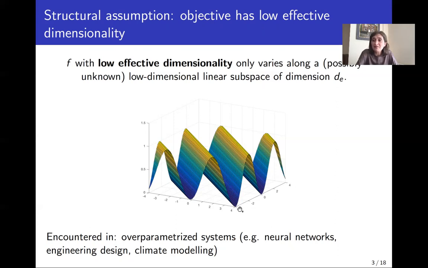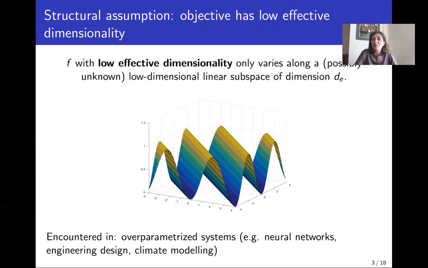And so to just find a global minimizer on this line, if you try to hit it with a random line, the line of global minimizers will intersect with the random line with probability 1, provided there are no constraints.